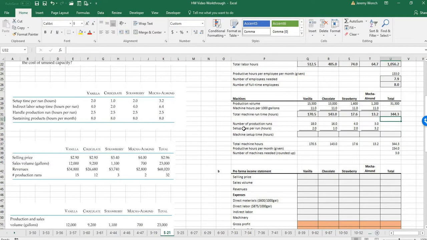And then we have our number of production runs. So that's given to us, the setup time for each one of these runs. So just multiply this.